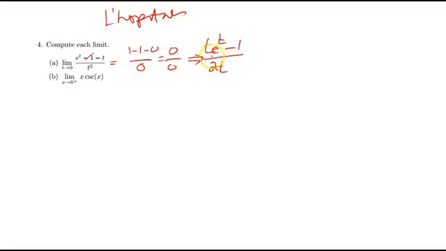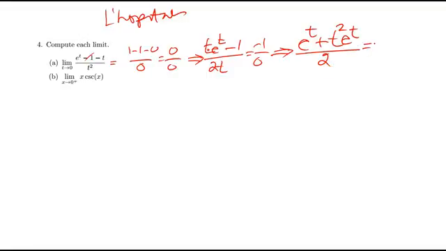Well, this would be 0 minus 1 over 0. Really indeterminate again. I can't have a 0 in my denominator. Take the derivative again. So here I have a product rule. The derivative of t is 1 times e to the t plus t times the derivative of e to the t, which is e to the t times t, so that's really t squared over 2.